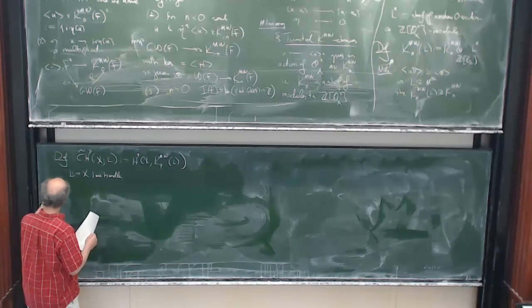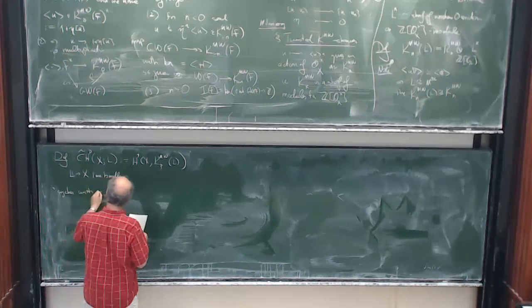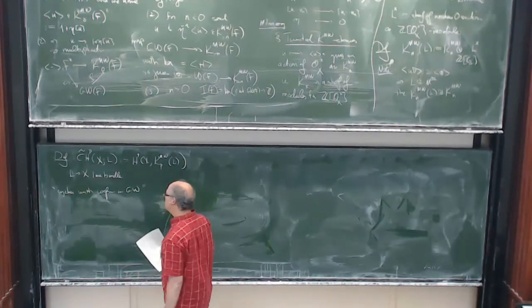So what is this? This is sort of like cycles. This is cycles with coefficients in quadratic forms. So why is that?